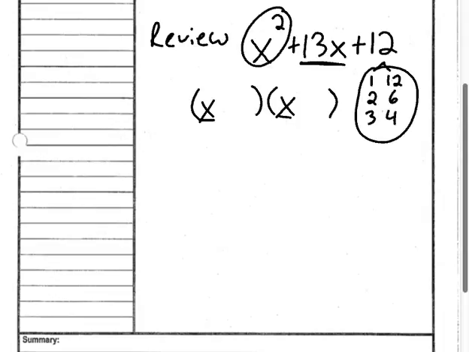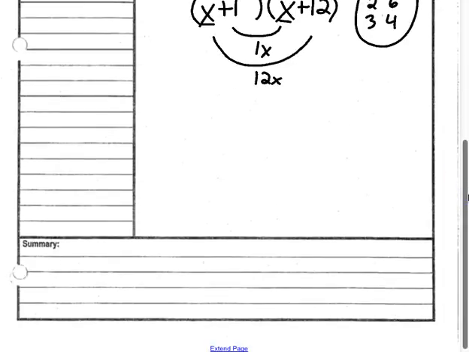What you'll notice is that combination would be the 1 and the 12, because 1x plus 12x, that's where that 13x is coming from if you were to think of this as unfoiling. So today we're going to make this a little bit harder.